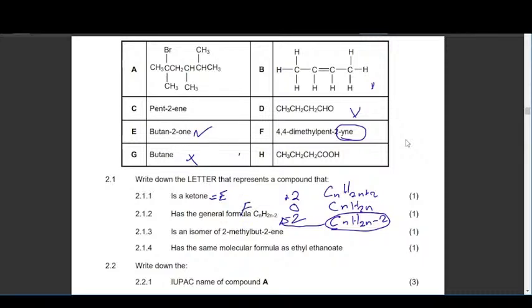Isomer of 2-methylbutene. This is the alkene. So it could be this, it could be this, or it could be this. But now, how many carbon atoms are here? 2-methyl. Meth is 1 carbon atom, but is 4.